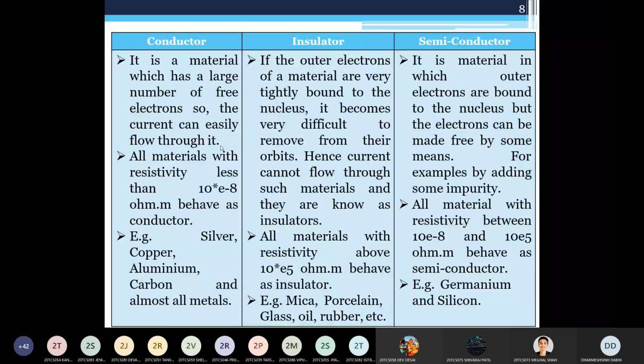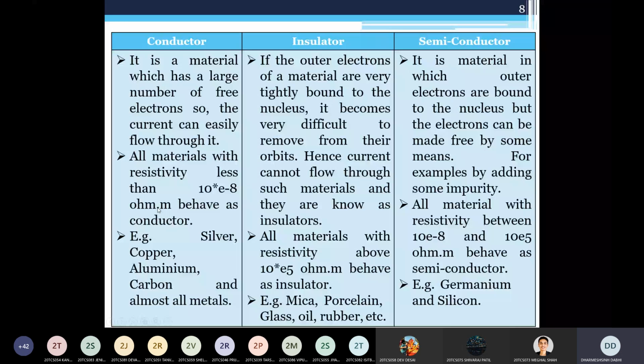Clear? All the materials which have a resistivity less than 10 raised to minus 8 ohm meter behave as a conductor. Again, repeat, all the materials which have a resistivity less than 10 raised to minus 8 ohm meter, which is the unit of resistivity, behave as a conductor.